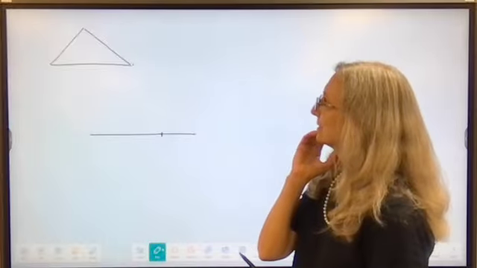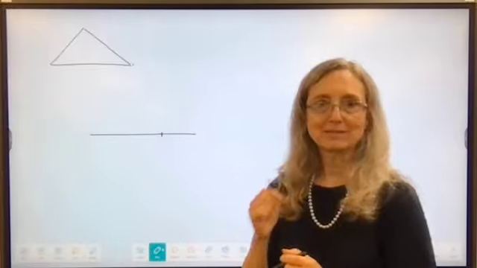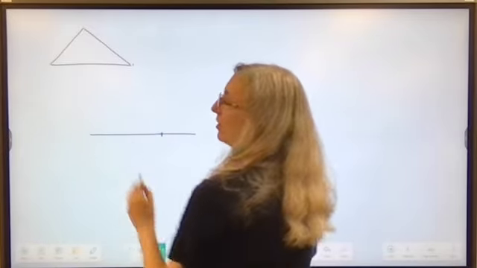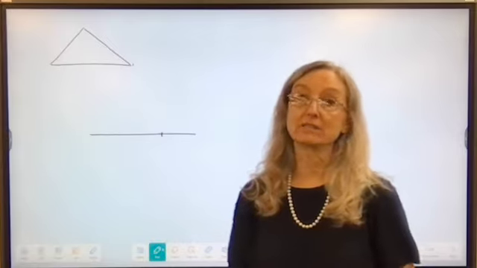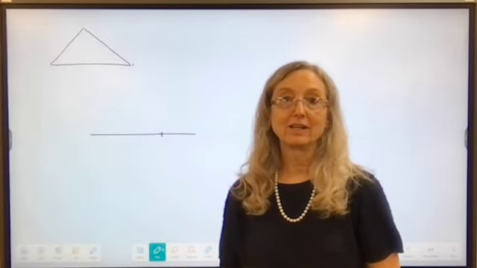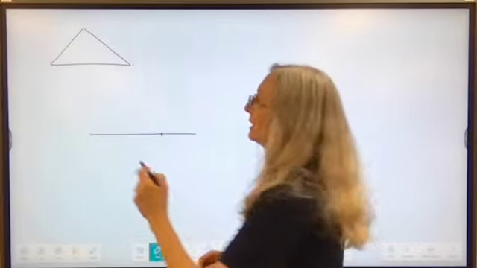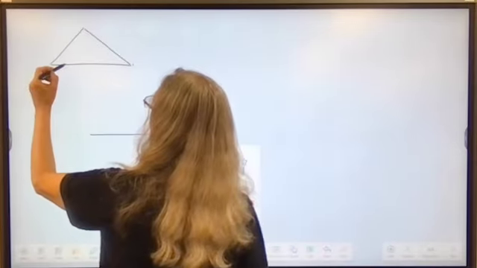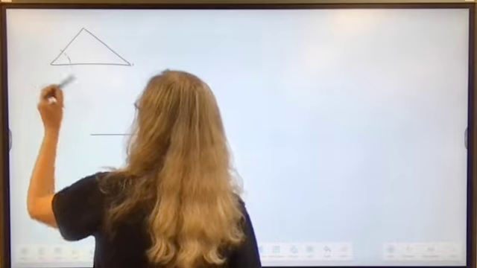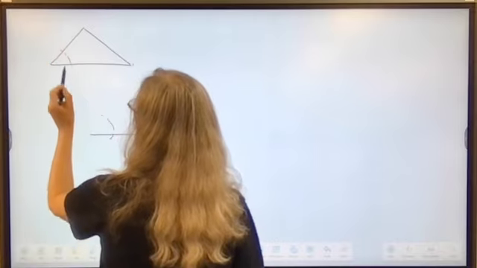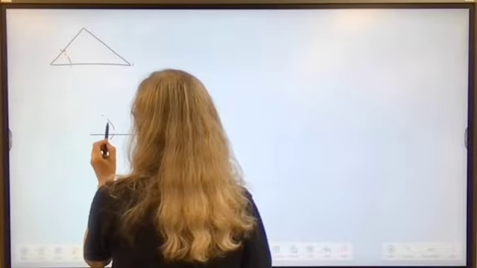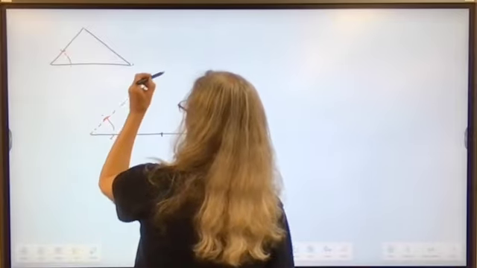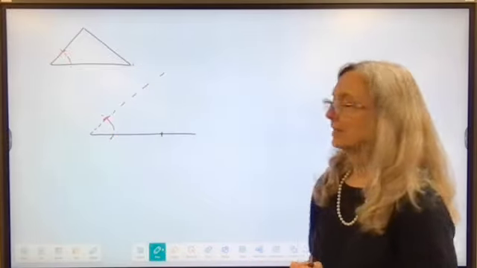Now I'll construct an angle right here off this point that's congruent to that angle. We've done this already, we've constructed congruent angles. Let me get a different color so you can see what I'm doing. I take my compass, draw an arc, measure this distance, measure that distance, and then use my straight edge to make that angle.